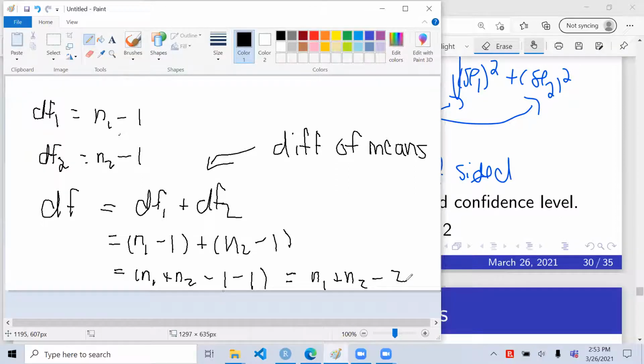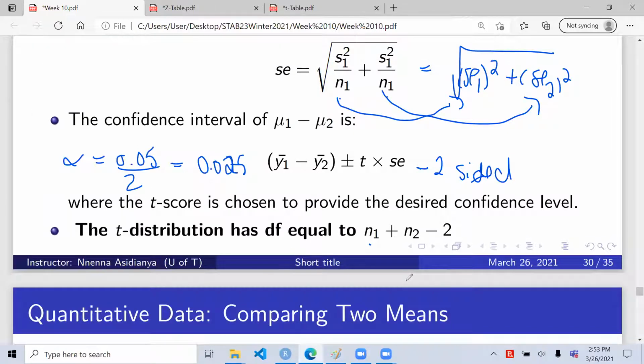That's why you need to know the sample size of both groups in order to make sense of the t statistic you put here.